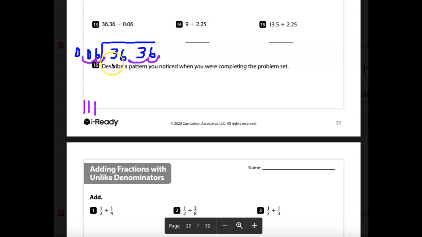Okay, now we go to 36. So if we had tallies of 36 and we circled 6, we would find out how many groups that we had. Now, you can also use your multiplication chart to do this. Multiplication and division are related. So if you can't figure out the division, use your multiplication to help you.